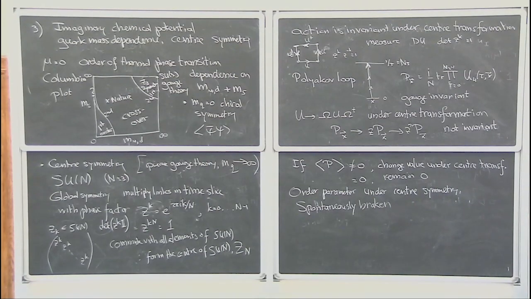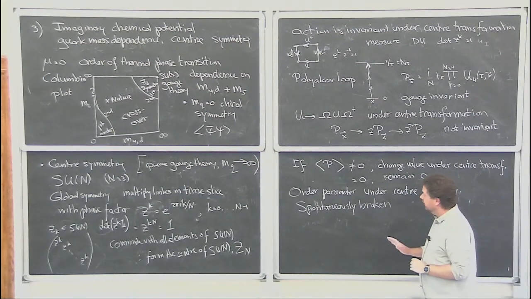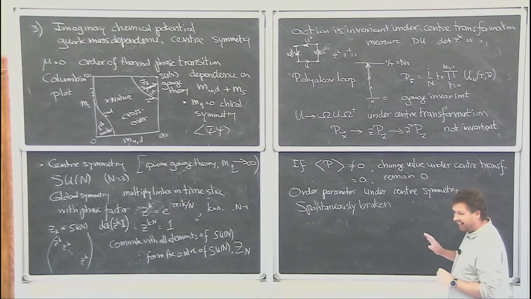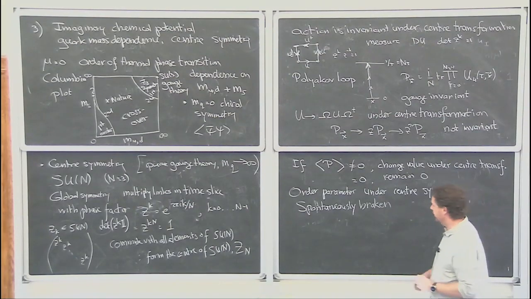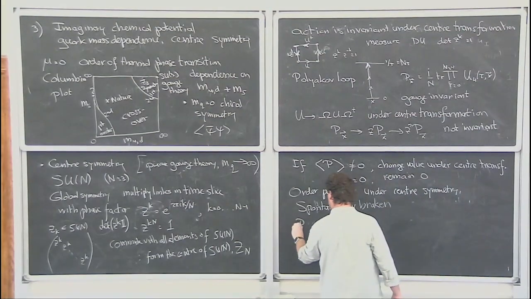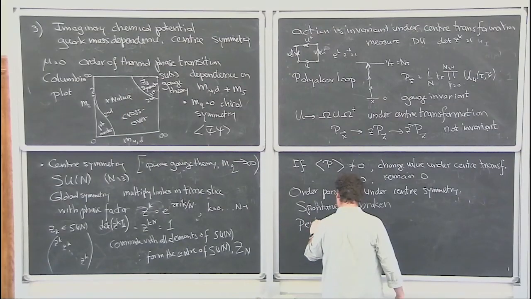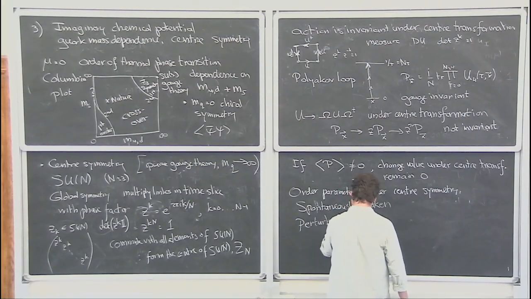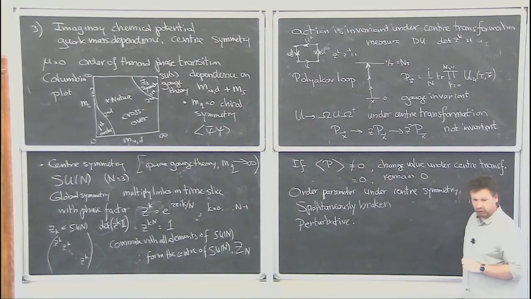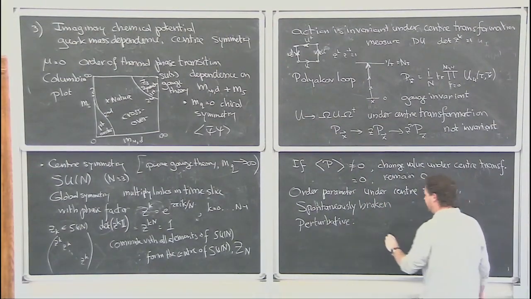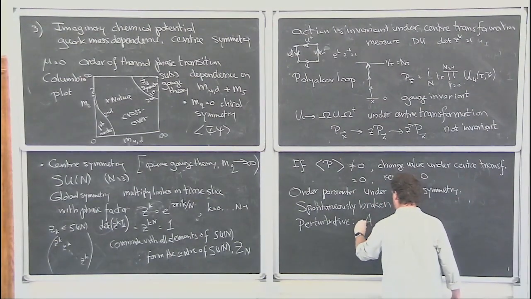Now, there are a few ways to see that indeed center symmetry is broken at high temperature. The easiest way is to think about just perturbation theory. What is perturbation theory? It basically means that all the fields, all the vector potentials, say, are small.